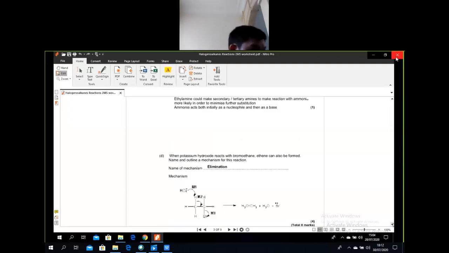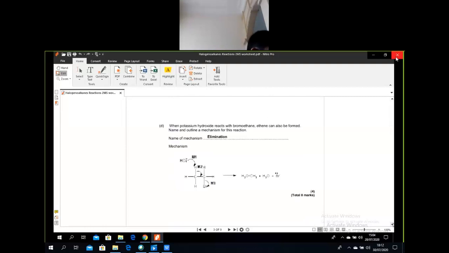Okay, and then here D. When potassium hydroxide reacts with bromoethane, ethene can also be formed. Name and outline a mechanism for this reaction. We know that when concentrated potassium hydroxide reacts with a halogenoalkane, this is called an elimination reaction. So the mechanism is called elimination.